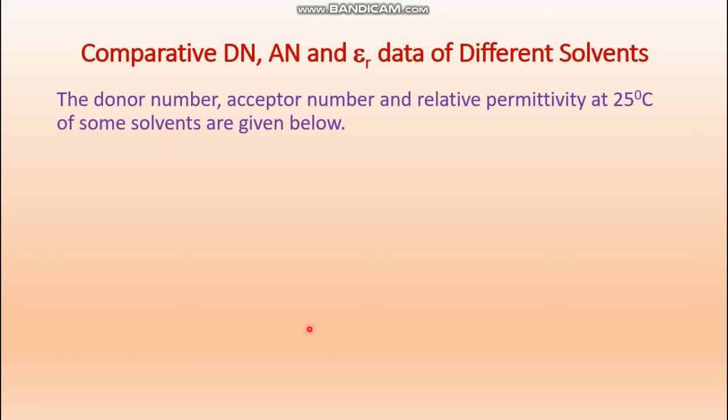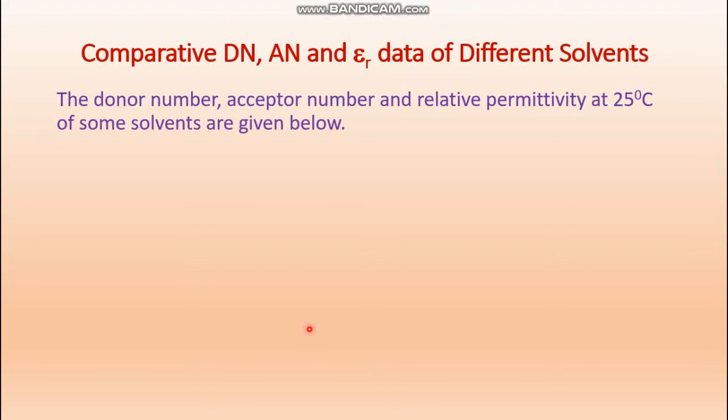Donor number, acceptor number, and relative permittivity at room temperature of some solvents. Keep in mind that these are the characteristics of the solvents. Donor number means the tendency to donate their lone pair. Acceptor number is the tendency to accept lone pairs.